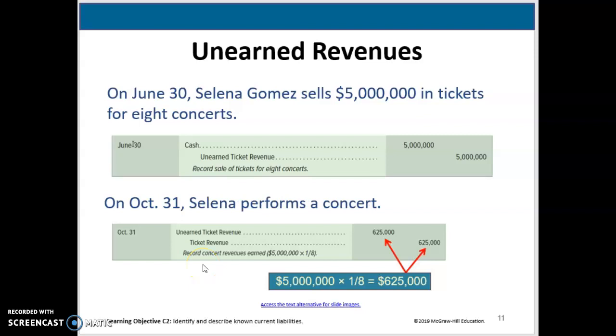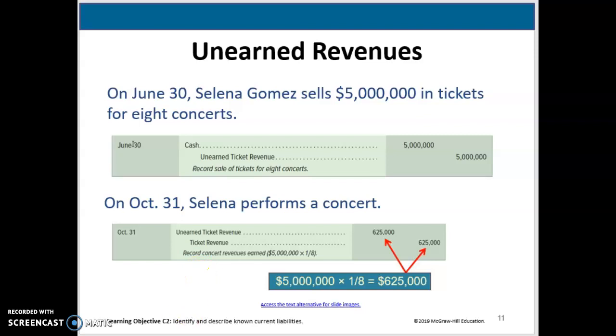Okay, they had a name error in there. So in this example, Selena performs a concert. It's 1 concert out of the 8 total, so we recognize 1/8 of that 5 million. We take 5 million times 1/8 to recognize that revenue. But when we had set it up, we set up a liability, that unearned ticket revenue. If she had canceled all the concerts, she would owe that back to the purchasers. So it will be a liability until she performs the concert.